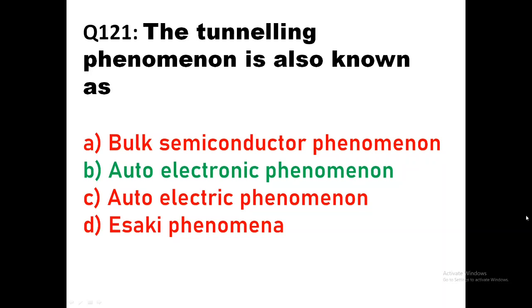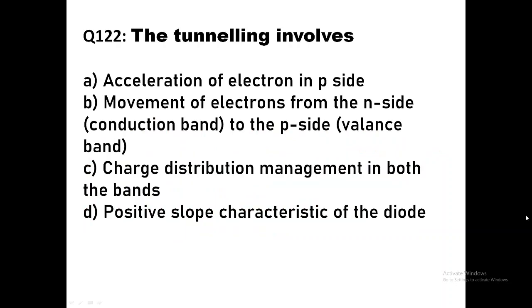Okay. Then we'll go to question number 122. The tunneling involves, okay, so options here are acceleration of electron in p side, movement of electrons from n side to the p side, charge distribution management in both the bands, positive slope characteristics of the diode. Okay, now if you see, tunneling means punching of charge carriers. Punching of charge carriers means the electrons from n side will go to the p side, and the holes on the p side will go to the n side.